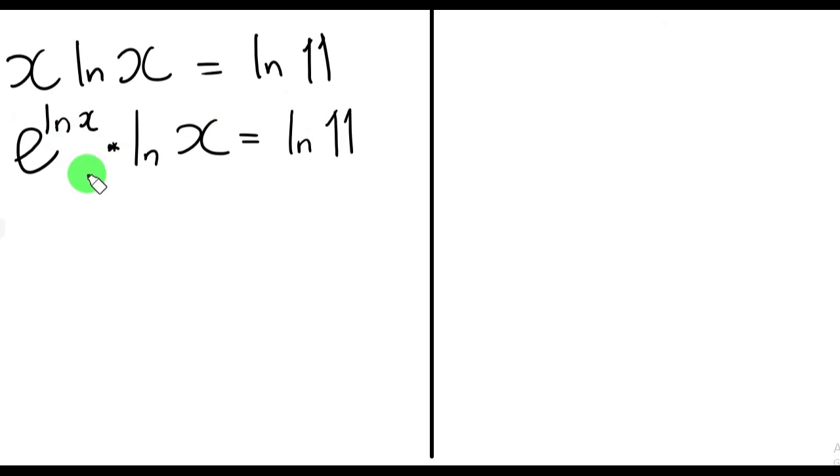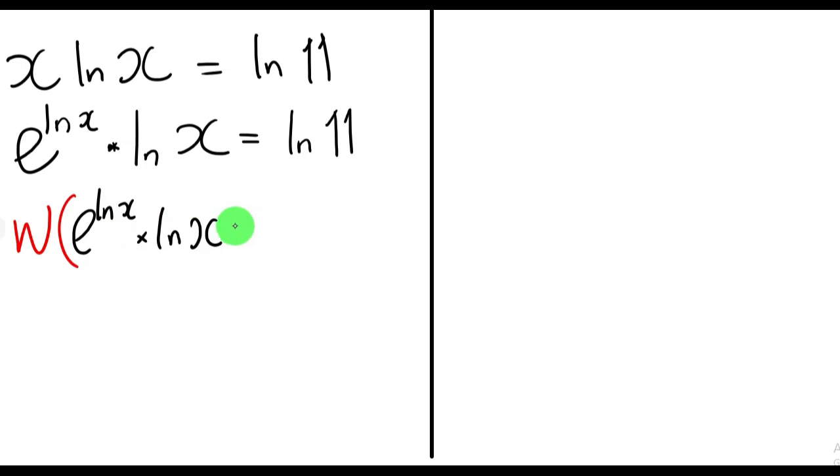Therefore, by applying the Lambert W function to both sides, we're going to have W, in brackets, exponential ln x multiplied by ln x, then equals the W function of the right hand side, that is ln 11.